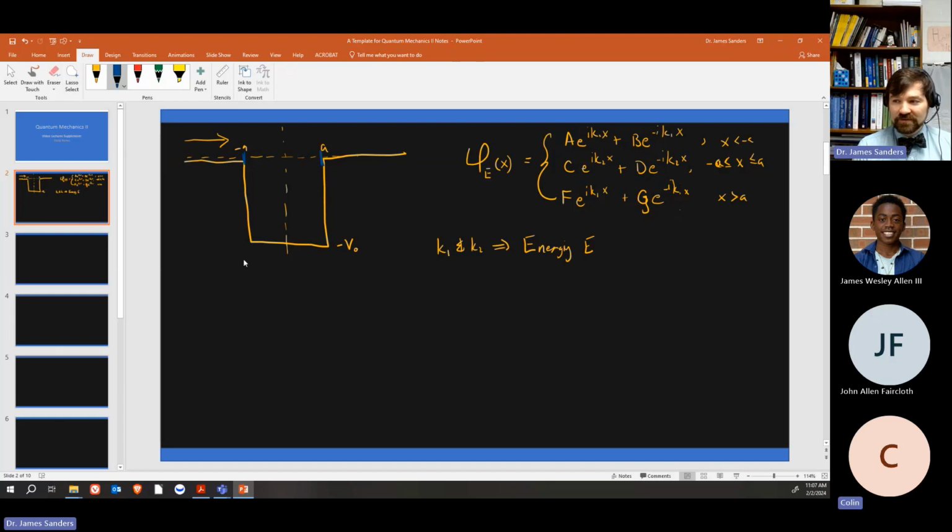At each of those boundaries, we have 2 equations: psi sub E continuous and d psi sub E by dx continuous. So collectively, this is 4 of the needed 7.